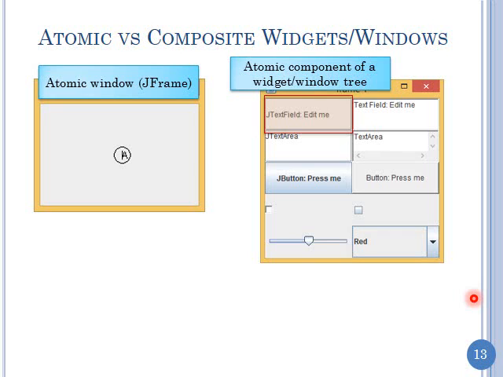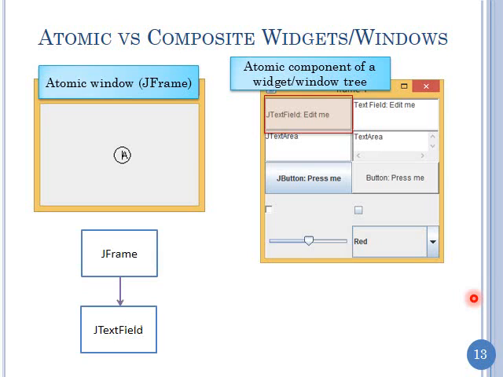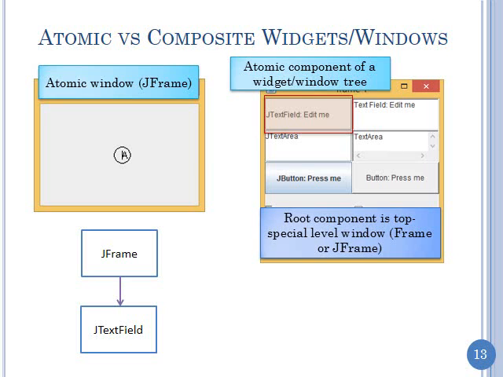So there's a hierarchy, and in fact, this is also a JFrame at the top level, and within JFrame is embedded a child of type JText field, and the root window component is a special window.